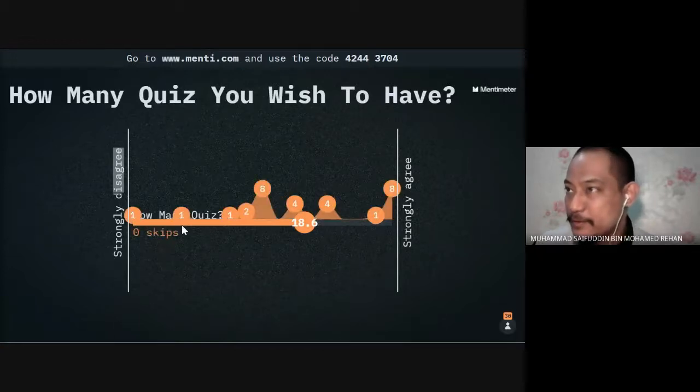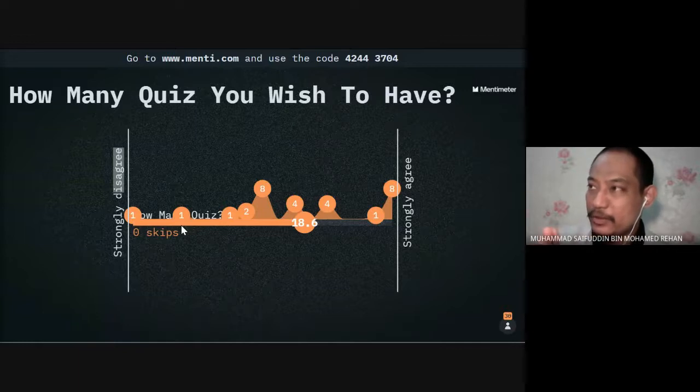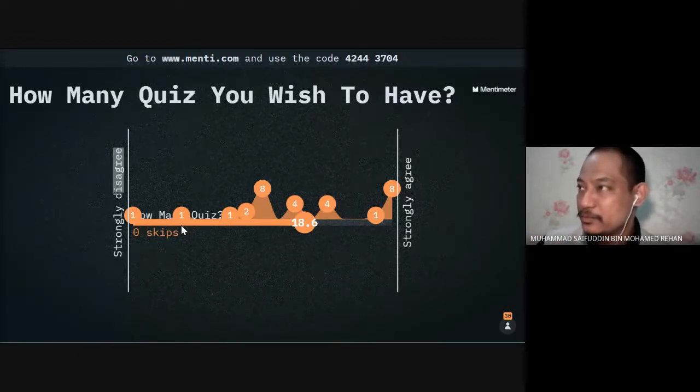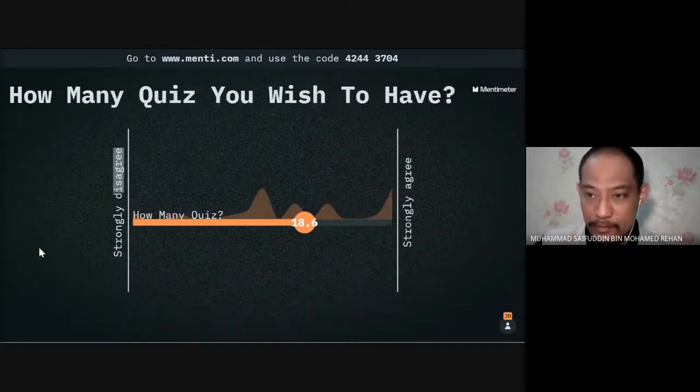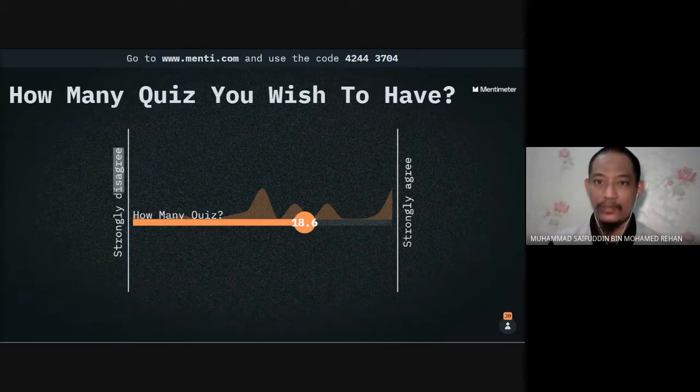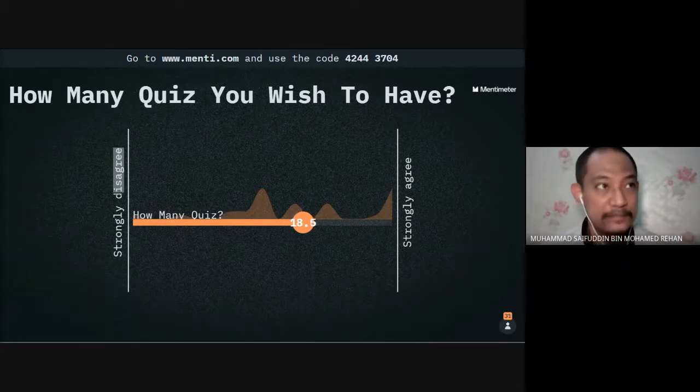Okay, interesting. So the majority is from the middle to there, right? Okay, interesting. All right. So on average it's 18, right?